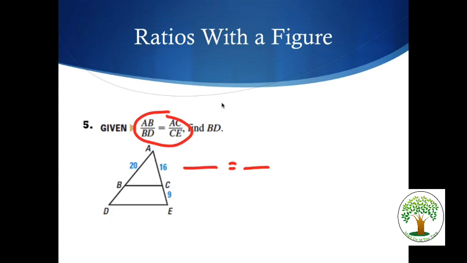So I'm going to put a 20 in the place of the AB, at the top left. What about BD? That's X. Equals 16 over 9. Okay. You can cross multiply. 16x, and 20 times 9 is 180.